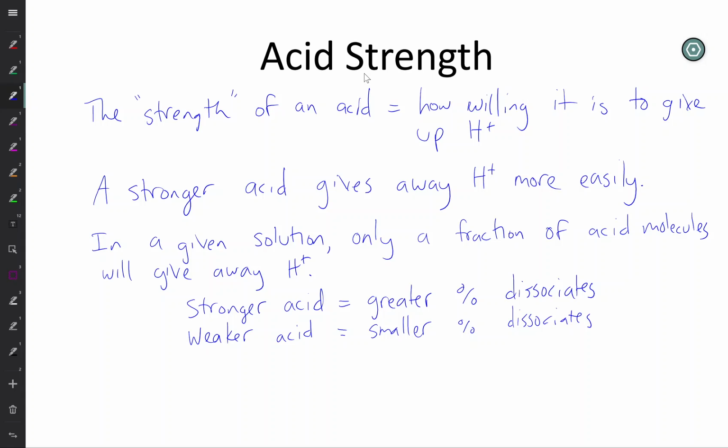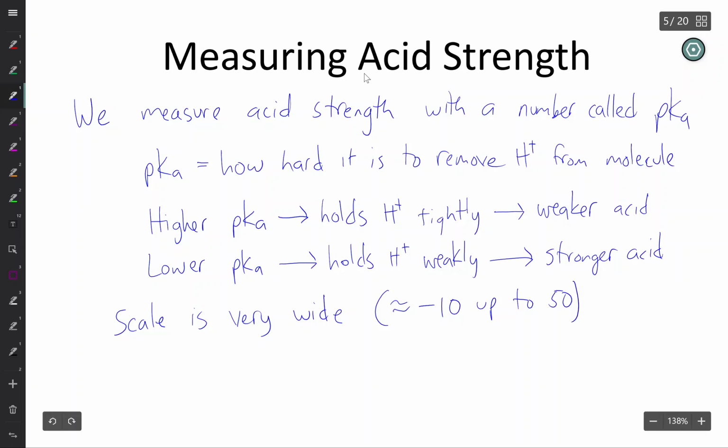It's a weird concept of strength because normally we think strength is how tightly something is held, but really for an acid, strength is how weakly it holds H plus, how willing it is to give it up. So a stronger acid is one that more of the molecules will actually give up H plus in water. And we said we have this thing called the pKa scale that you can measure it on.